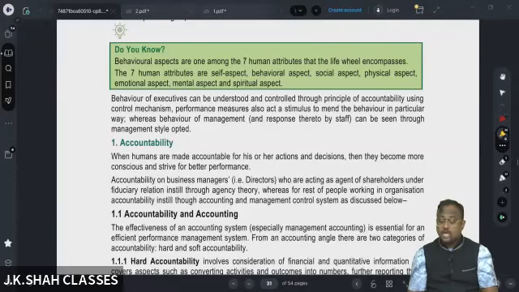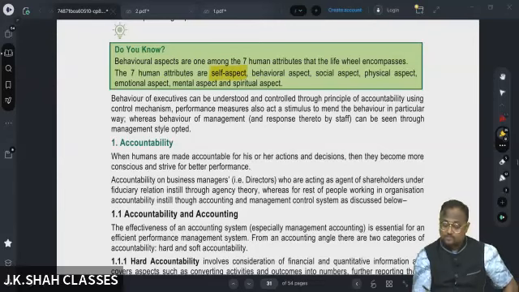Behavioral aspects are one among 7 human attributes which life encompasses. Now, the 7 human attributes are self, behavioral, social, educational, physical, emotional, mental and spiritual.